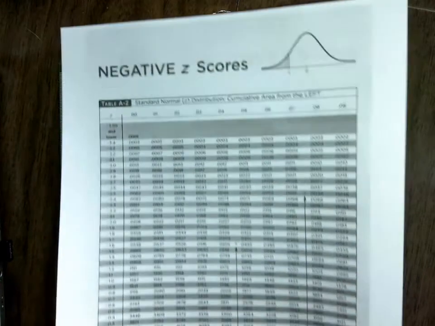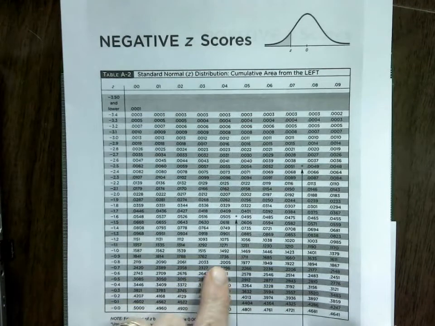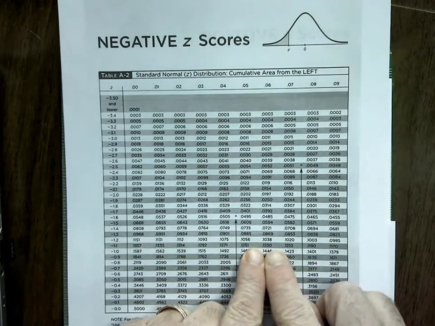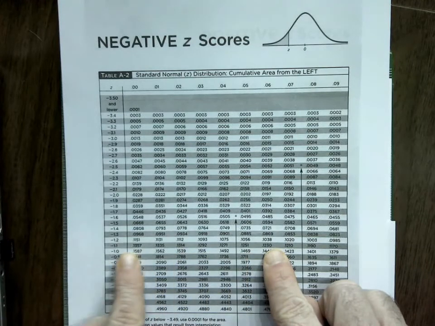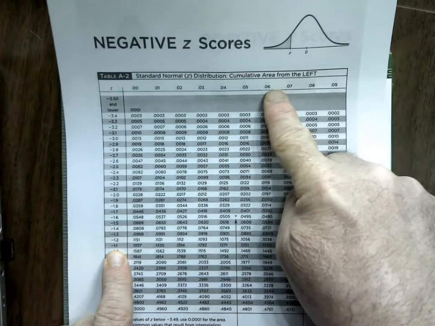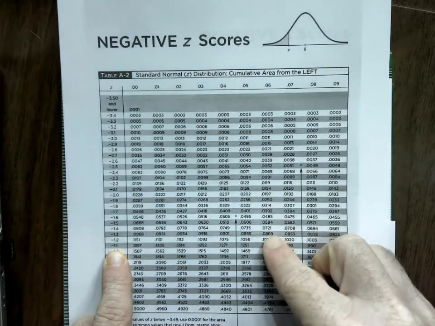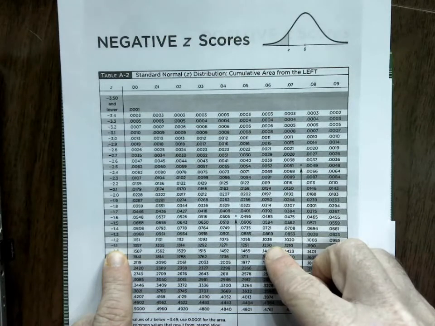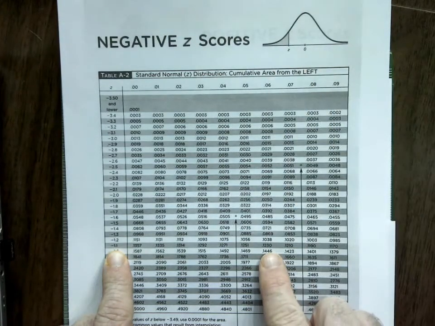Looking at my chart, trying to find 0.1230. I think I spotted it. There it is, 0.1230. And that corresponds to negative 1.16. Negative 1.16 is the z-score that marks off a lower area of 0.1230.